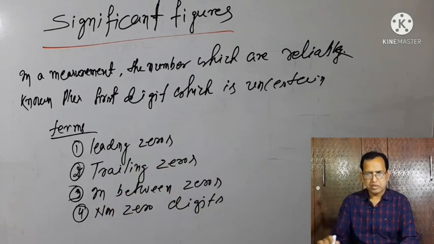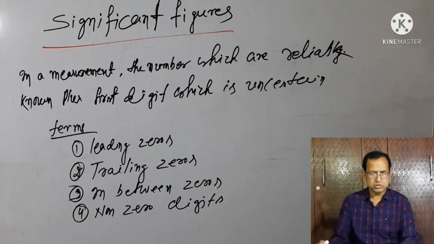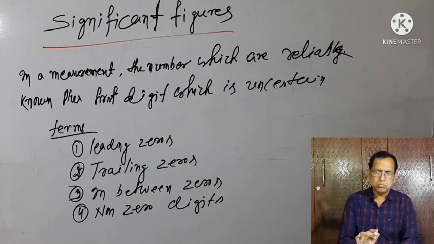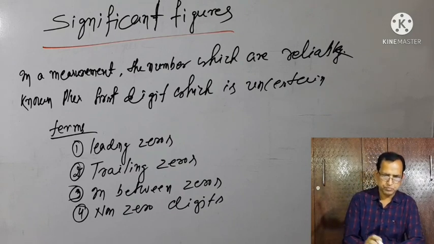Now, calculate the significant figure by using some formulas. What are the formulas used for this? Given examples.